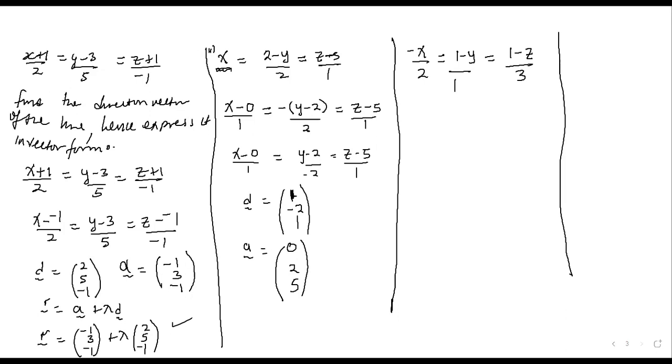A is equal to 0, 1, 1. The point is 0, 1, 1. Correct? Yeah, correct. That is correct.